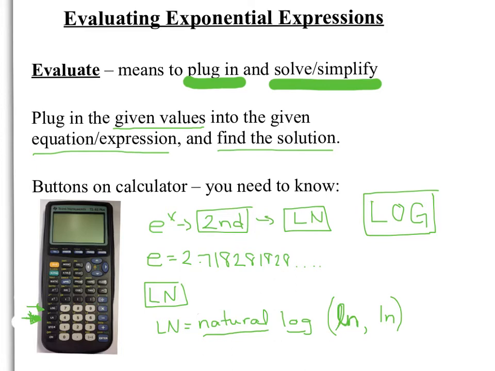So e to the x is the second button, and then you want to hit ln, which is next to the 4. And then if you need the natural log, it's right next to the 4, so you don't have to do anything. The only thing when you're typing in e to the x or the natural log, you need to be careful about parentheses.